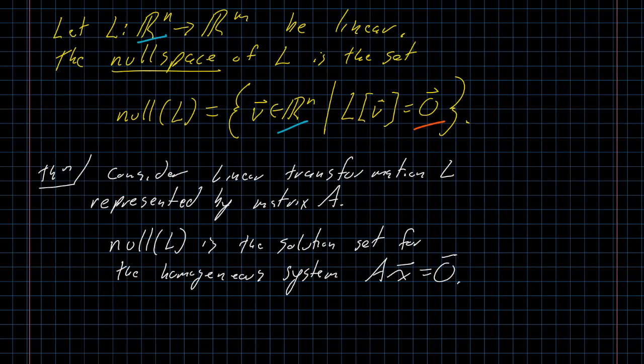That falls almost directly out of the definition. The null space of L is the set of all vectors so that L of V is 0. And since L is represented by A, L of V is the same thing as A times V. So using V or using X doesn't really matter. It's an arbitrary vector, and it's the collection of all the vectors that satisfy that.